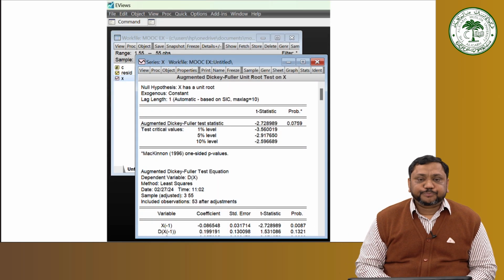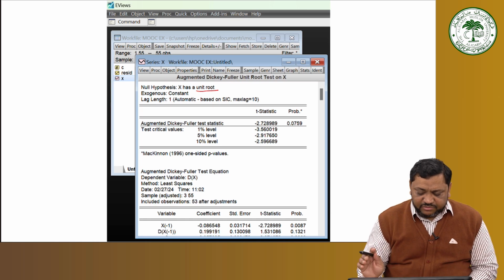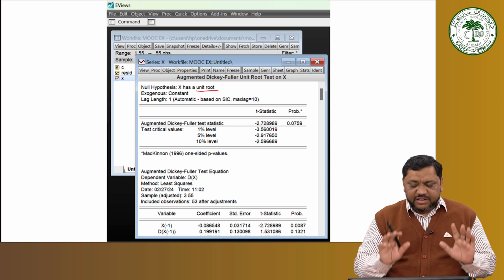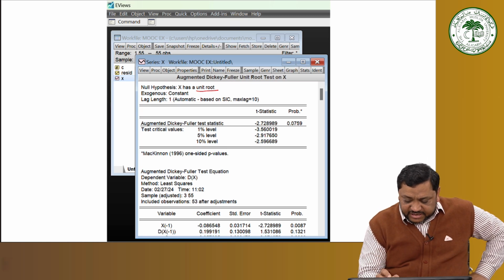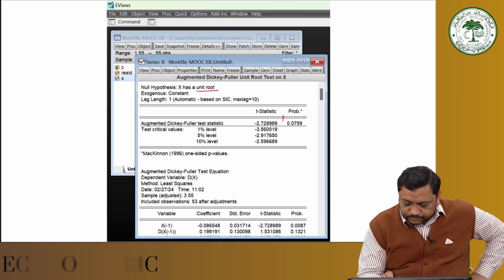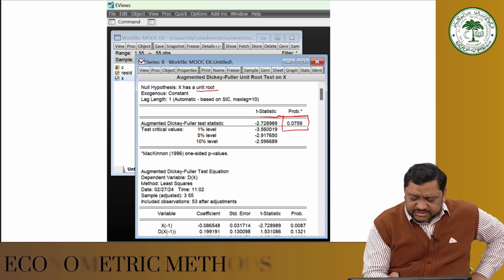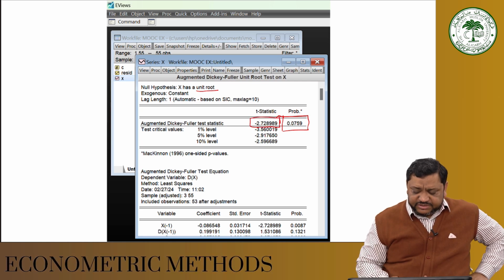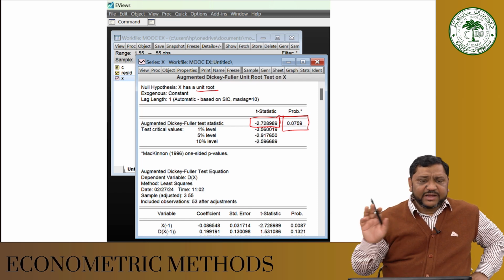Now see, we have done the unit root test on the raw data, and this is the first case. In the first case, this is the t-statistic which is to be tested. Here we don't have to look at any other thing.